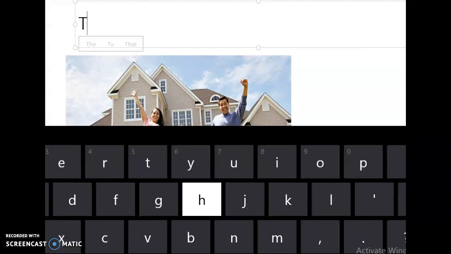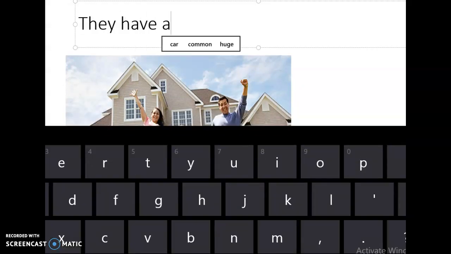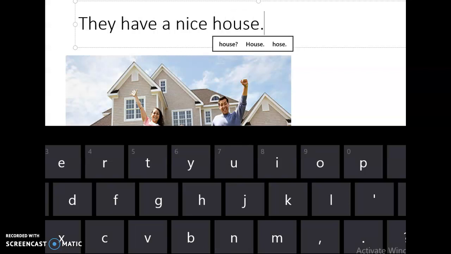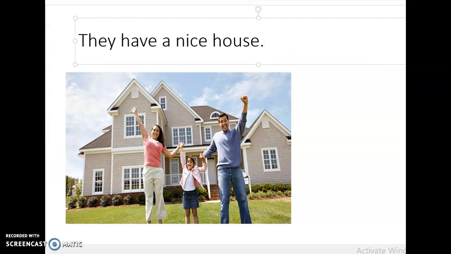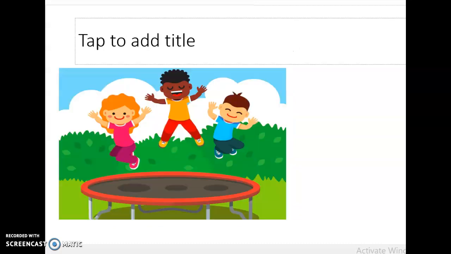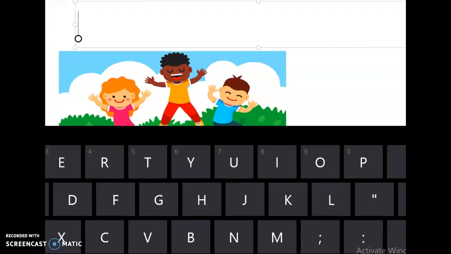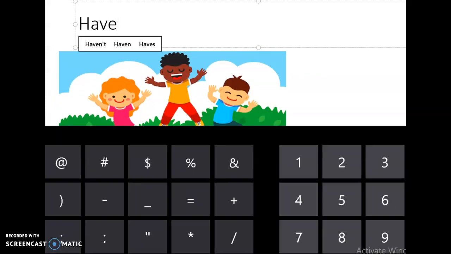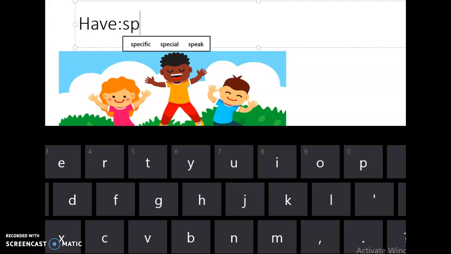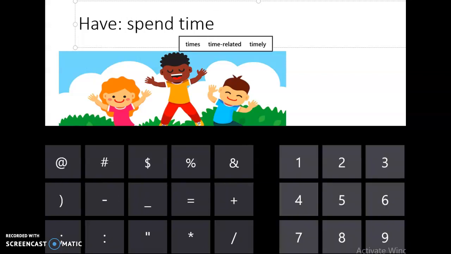So I or they have a nice house. Okay, so we don't add ing. But if have means spending time, we're having fun, we're having a nice time, then we can add ing. So have, when it means spending time, then we can add ing to it.